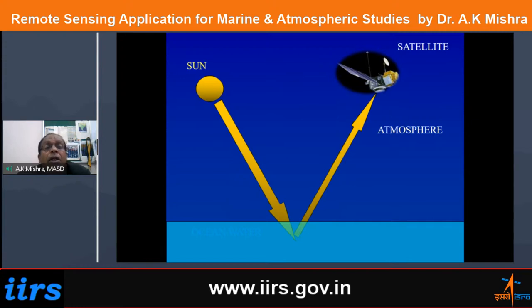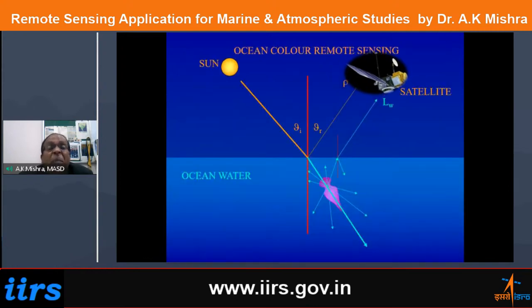During daytime, the sun is the source of light falling on the ocean surface, and it penetrates to some depth in the ocean. Due to absorption and backscattering, the upwelling radiance reaches the satellite sensor. This upwelling radiance coming out of the ocean carries the information about the ocean.